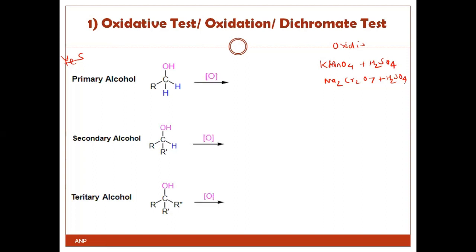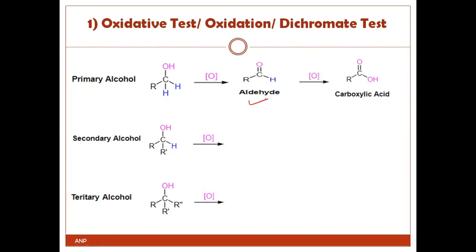Oxidation in the presence of oxidizing agents like KMnO4 plus H2SO4, Na2Cr2O7 and H2SO4, or potassium dichromate and H2SO4. Primary alcohols are first oxidized to aldehydes, and then on further oxidation, the aldehyde gives carboxylic acid.